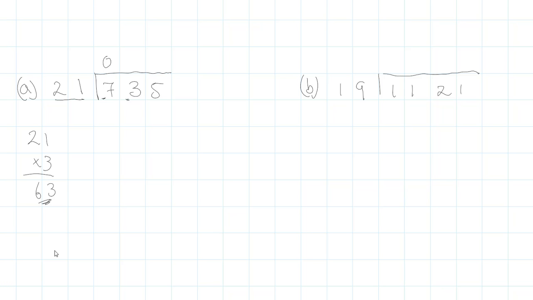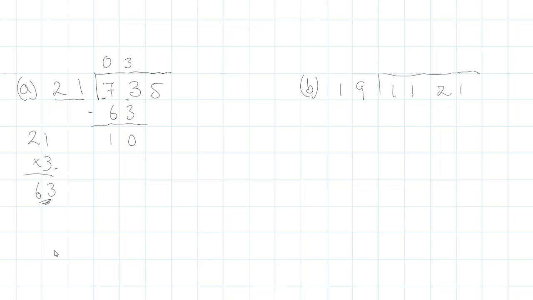So we place our 63 in here, and we place the 3 that we multiplied 21 by up on top. And it's important that we have our squares and we have it lined up. What we do now is we take them away and we'll see what is left. So 73 minus 63, that gives us 0. 7 minus 6 gives us 1. So we have 10 left.